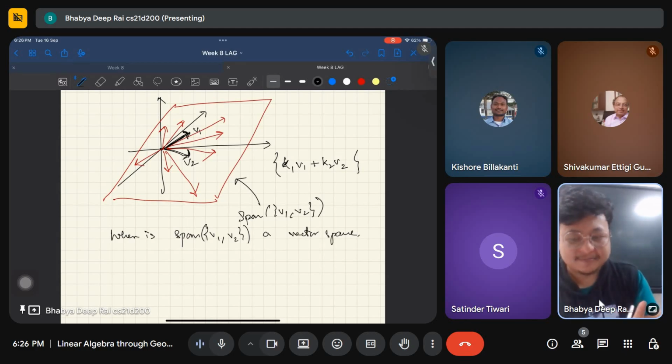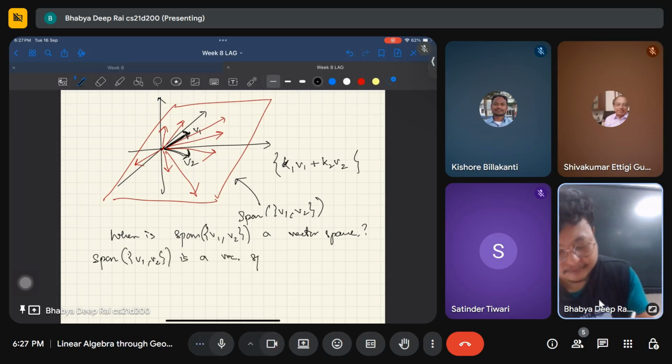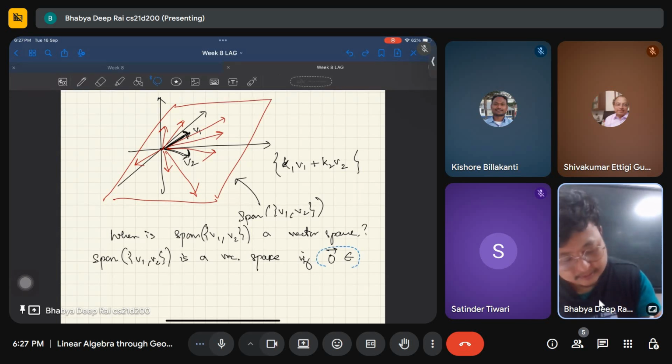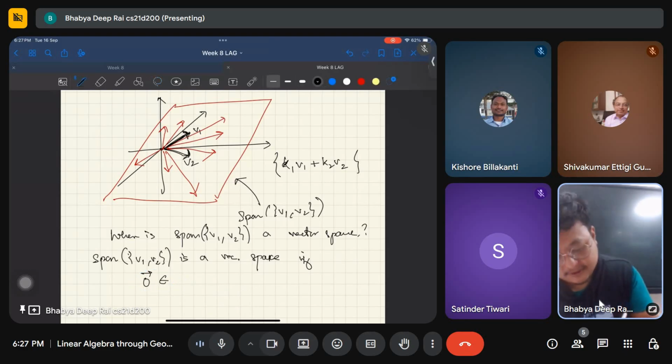The span of v1, v2 is a vector space if the zero vector also belongs to the span. Right?